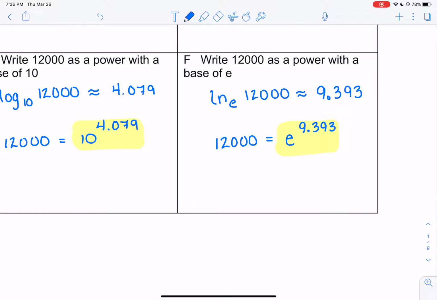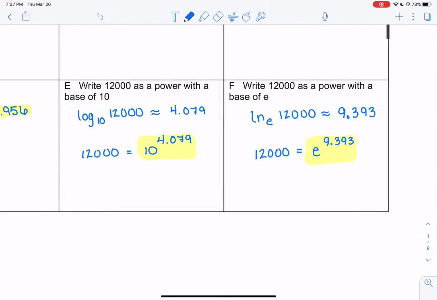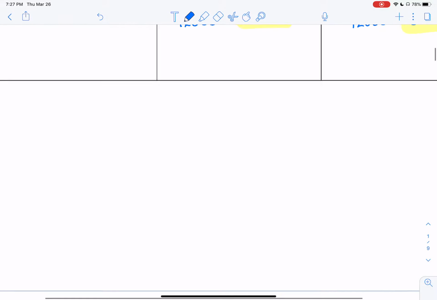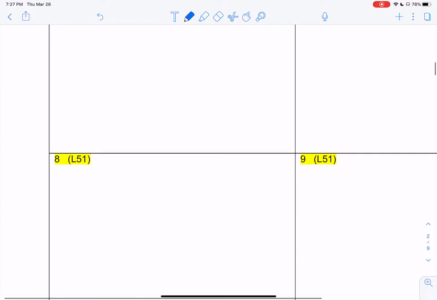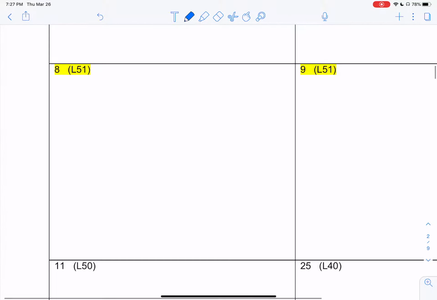Then when you go over to your homework side, we're going to do questions 8 and 9. Question 8 has two parts, and let's make sure you're on the right page. I'm on page 347 in your textbook, question 8, part A. You need to calculate log 3.5.